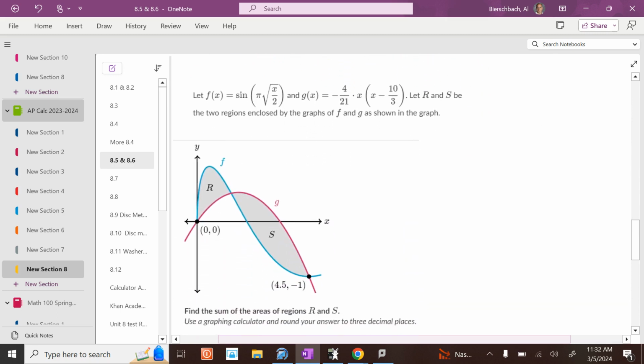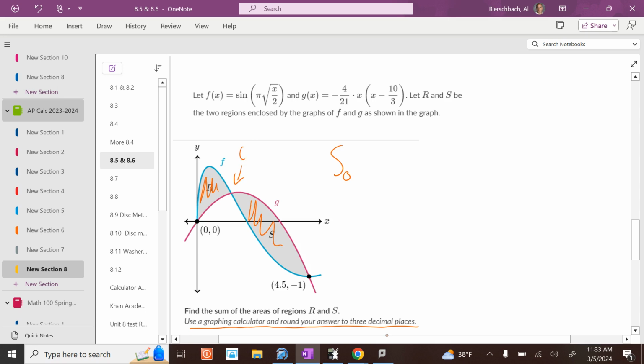Okay? Then you'll get into ones like this. And this is one where, see what it says? Use a graphing calculator, because it's basically a graphing calculator is required to do this. Okay? So we're trying to find the area of this region and the area of this region. Well, they're going to be two different integrals. The first one's going to be the integral from 0 to whatever.